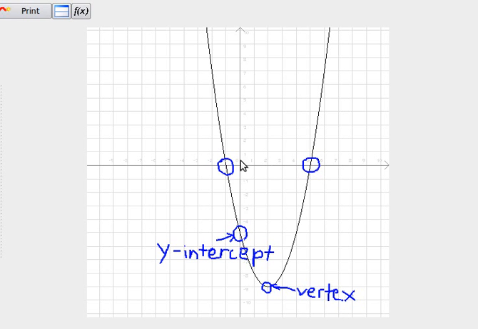Here's another x-intercept. The x-intercepts are where the parabola crosses the x-axis. Remember that this is the x-axis, and this is the y-axis. So this right here is the x-intercepts. I'm going to try to straighten out my writing.